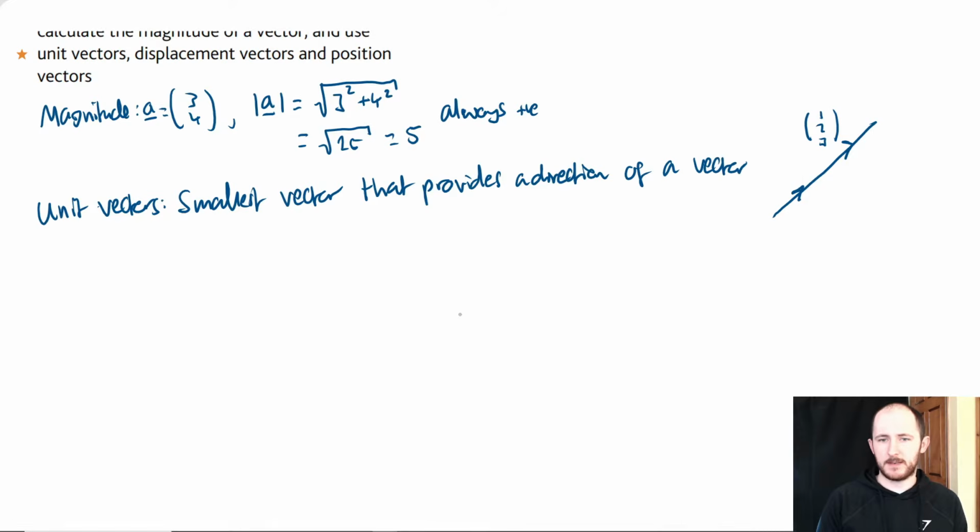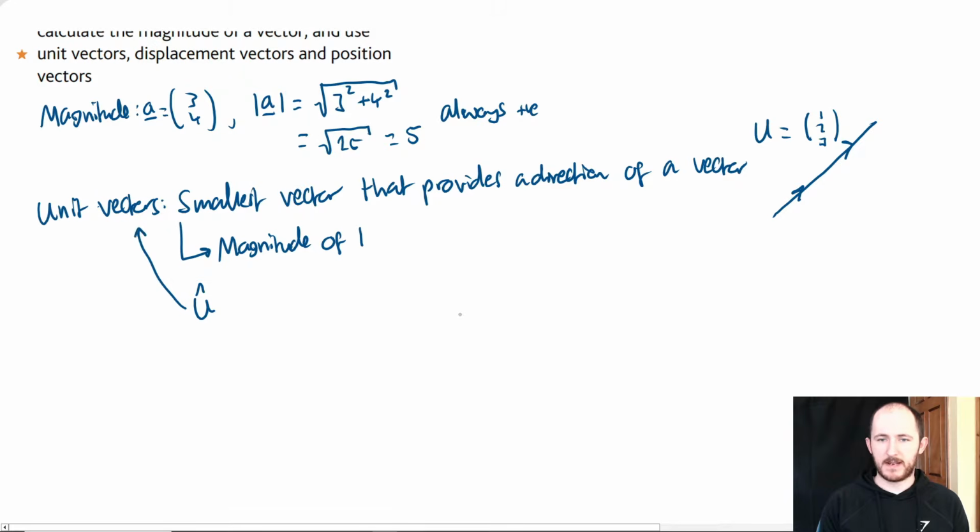So if I scroll down a little bit, it always has a magnitude of 1. Okay? And the way you work this out, and the notation for it is, let's say you had a vector, so we call this u for instance, then u with a hat implies it's a unit vector.